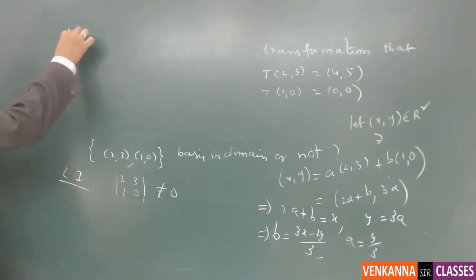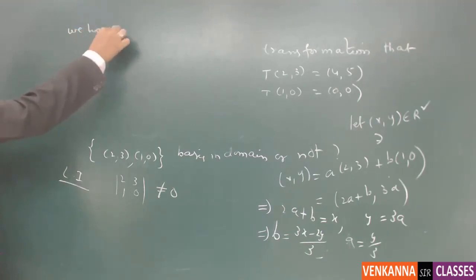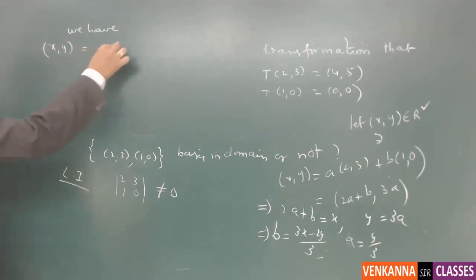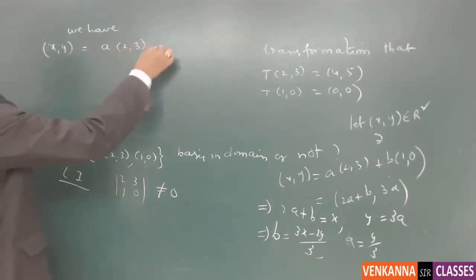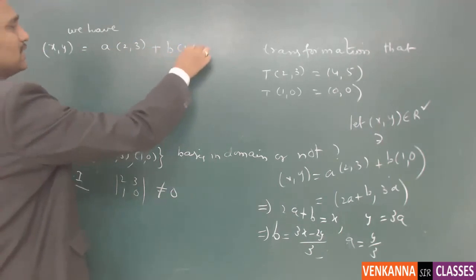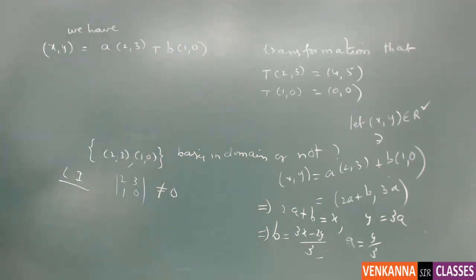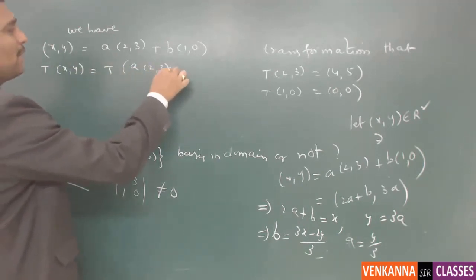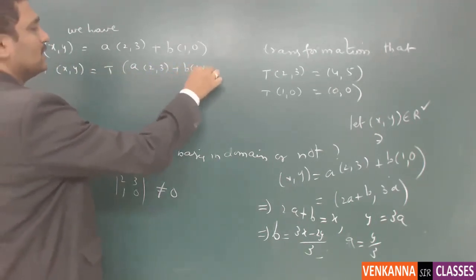So we have (x, y) equal to a into (2, 3) plus b into (1, 0). For this, apply T on both sides. So T of (x, y) is equal to T of a into (2, 3) plus b into (1, 0).